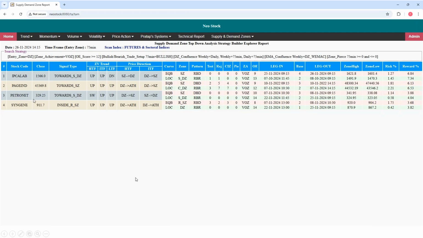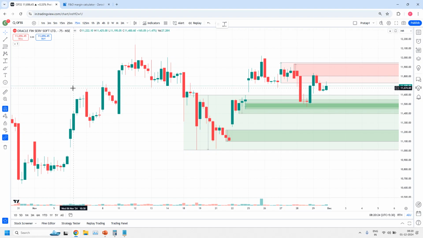That means this stock, Page Industries, will have a 75 minute zone, daily zone and weekly zone. And the weekly zone has weekly EMA confluence. That setup, we are taking the trade. Okay, let's get into the chart.